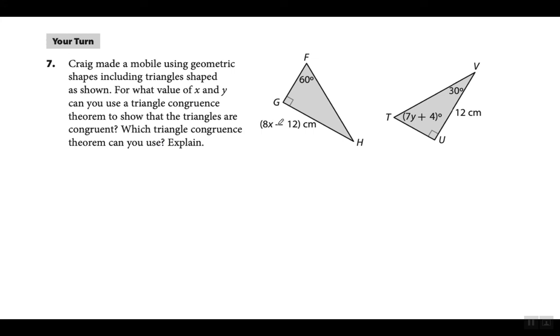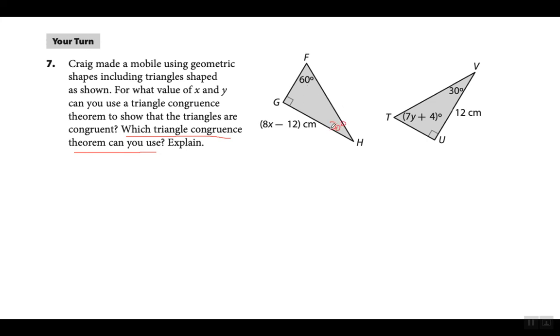All right, quick recap then. All right, so I see this problem. I should have done the x first, I think. You could do it either way. It says explain which triangle congruence theorem you can use. The first thing I should have done is realize that this is 30 degrees right here.